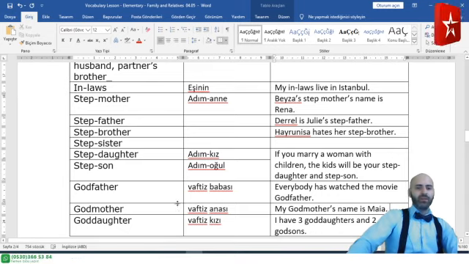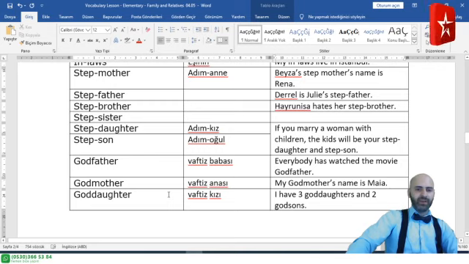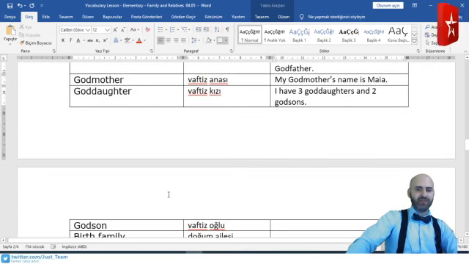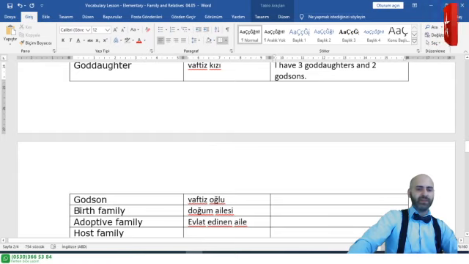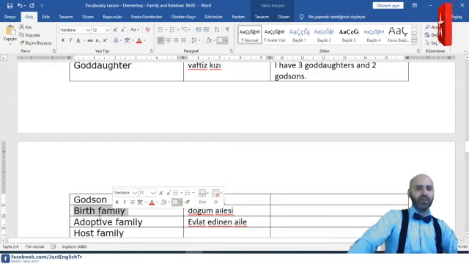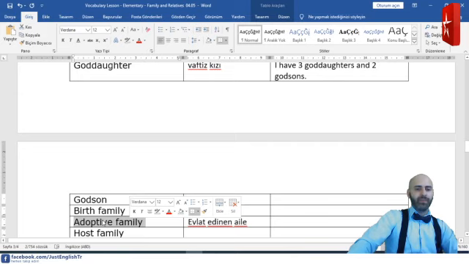Okay. So we've learned godfather, godmother, goddaughter, and godson. The next thing that I want to explain to you is sometimes the baby is born, but maybe the mother and father die, and the baby is raised by another family. In this situation, we have 2 different families. We have birth family and we have adoptive family.